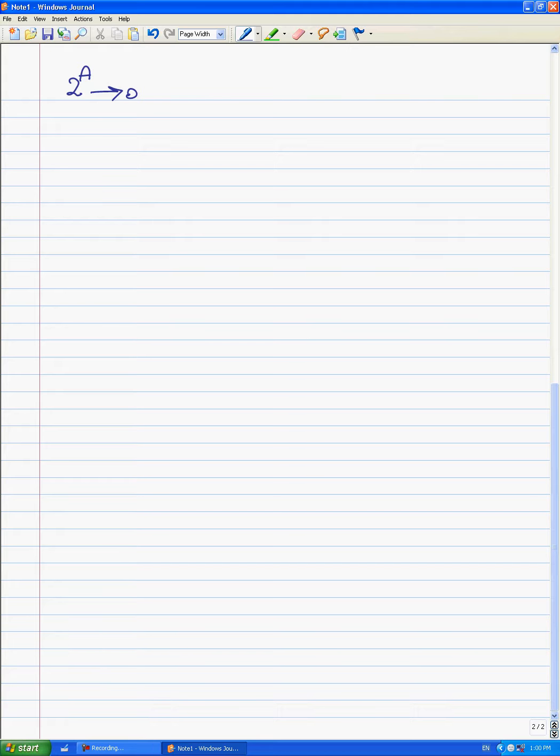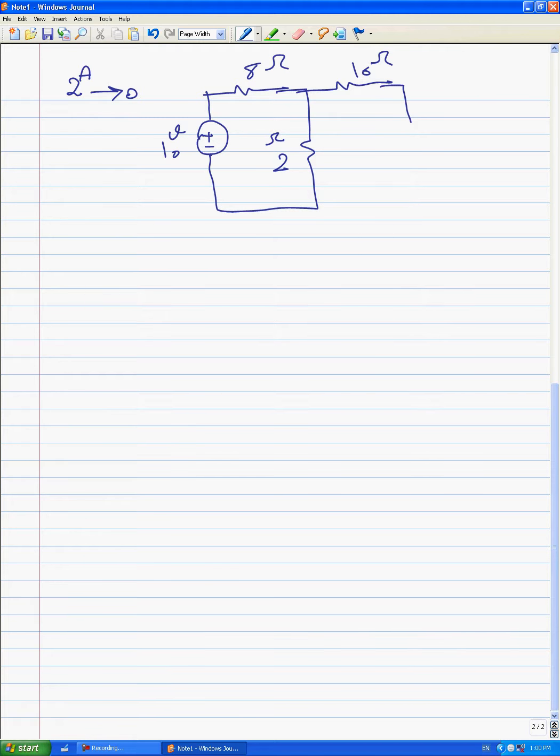And the circuit should be simplified like this. We have 10 volts here and 8 ohms here and 2 ohms here and 10 ohms here, and instead of 2 amps we should use an open circuit.